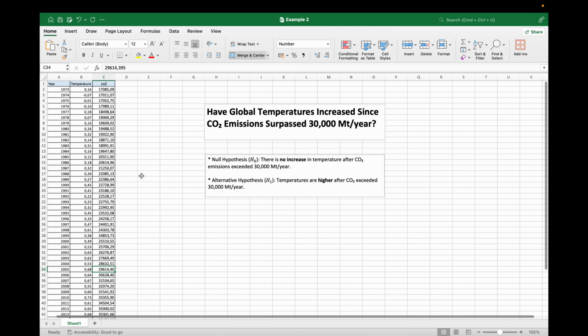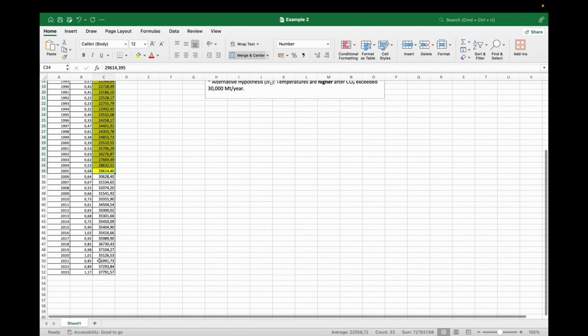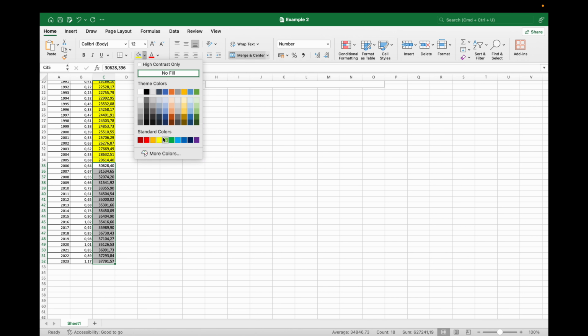Well, for this example, first I'm going to find the point where the CO2 emission is below 30,000, which is from 1973 to 2005, and the emission exceeded 30,000 after 2005.